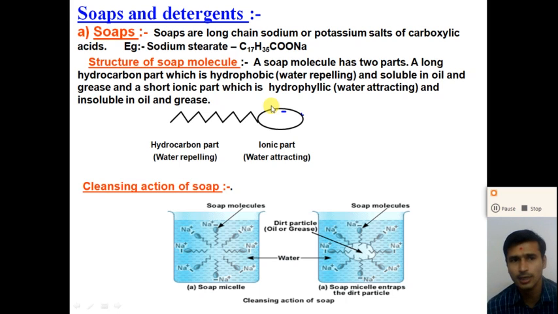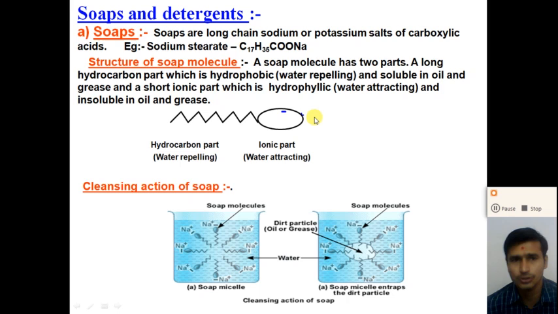The first part, the long hydrocarbon chain containing carbon and hydrogen, is a water repelling part which is soluble in oil and grease, right? And the other part of the soap molecule is the short ionic part, which is water attracting, that is called hydrophilic, right?